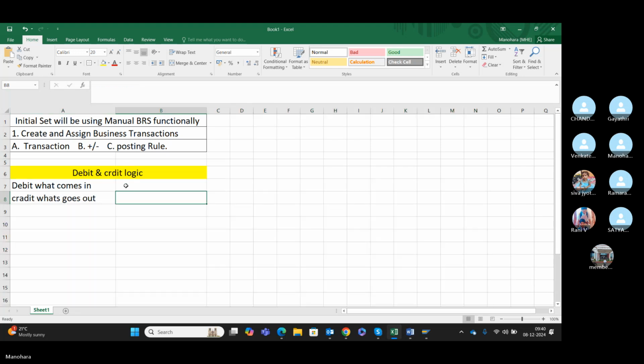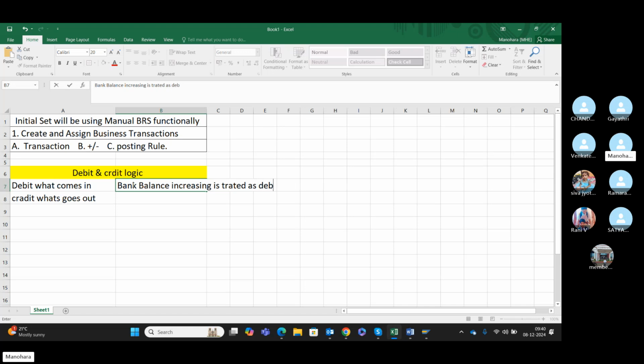Take bank balance. Increasing is treated as debit.